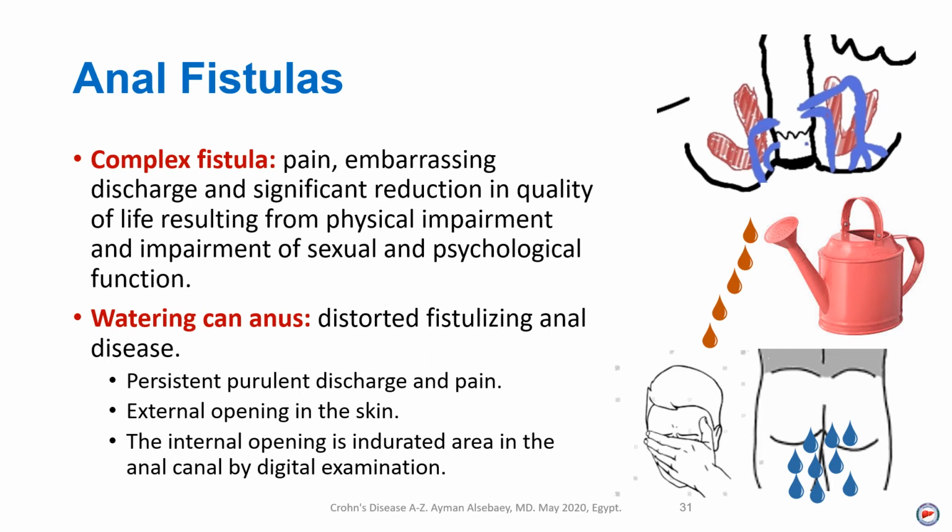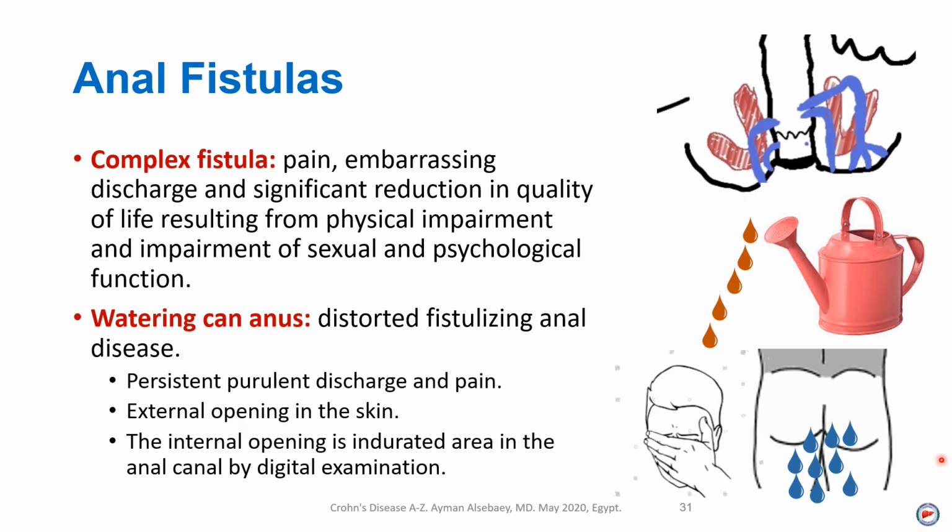What is the problem of complex perianal disease? Really, the patient will have pain, discharge, embarrassing discharge, and significant reduction in quality of life. He will have impaired sexual and psychological function.